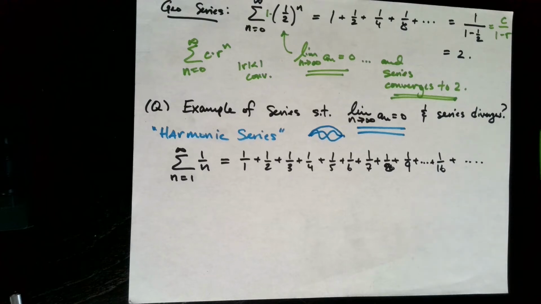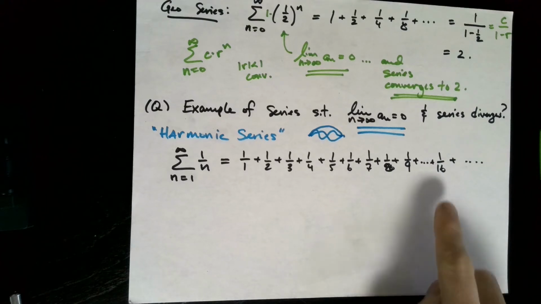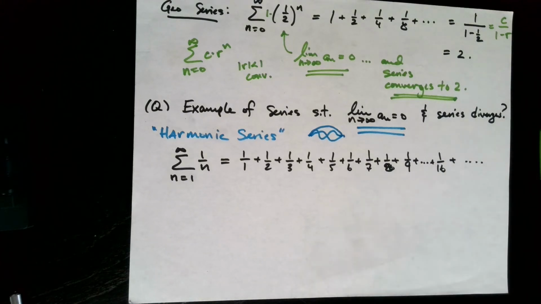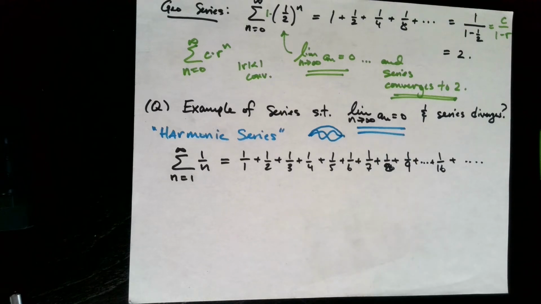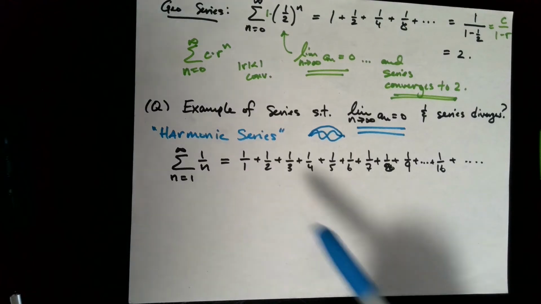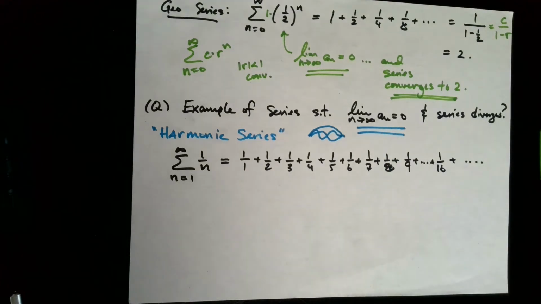On day four, 1/4 pound. On day 16, you're bringing in only 1/16 pound. On day 100, you're bringing only 1/100 pound. On day 1,000,000, you're bringing only 1/1,000,000 pound. The amount of trash that's being added to this pile on every given day is approaching zero. The amount of trash that's being added, a trillionth of a pound, is almost nothing. And in fact, the terms of this series then limit to zero.